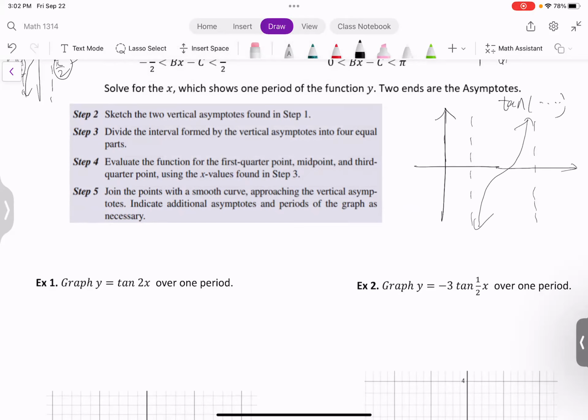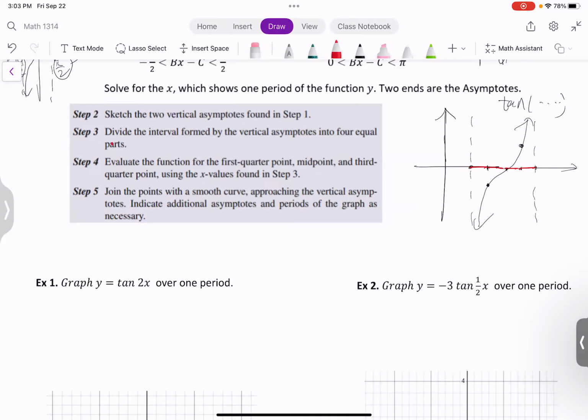But I need to have some key points. So I have the first point, last point, and in the middle, I need these 3 key points. These 3 key points, the x values you see, 1, 2, 3, divide the one full cycle into 4 equal parts. 1, 2, 3, 4. That's the reason step 3 divides the interval from the vertical asymptotes into 4 equal parts.